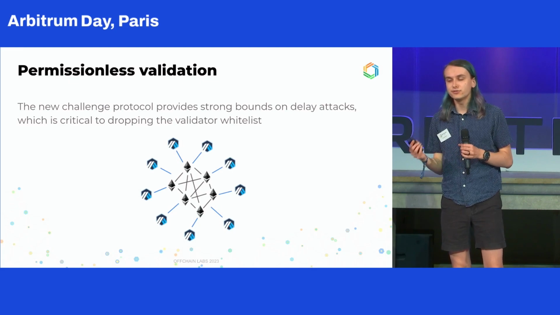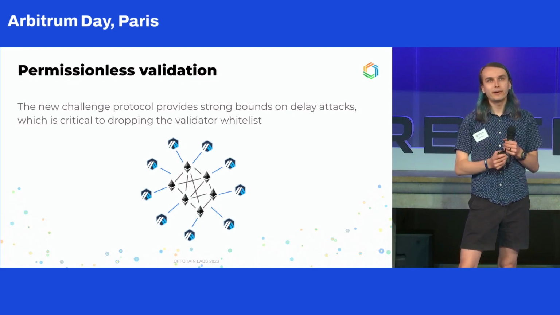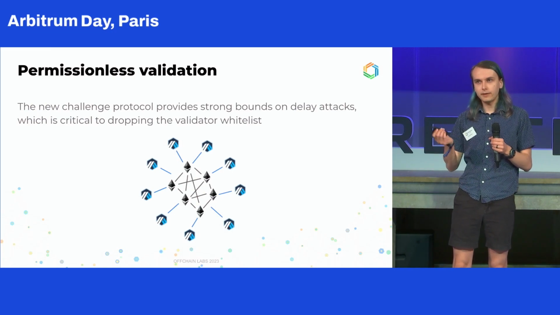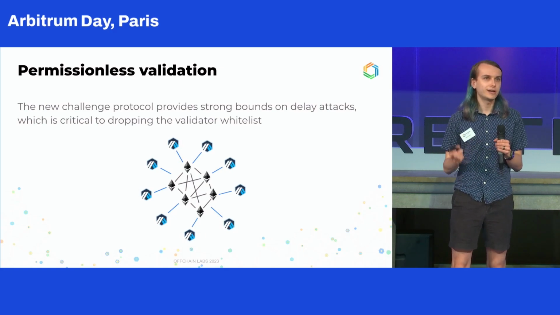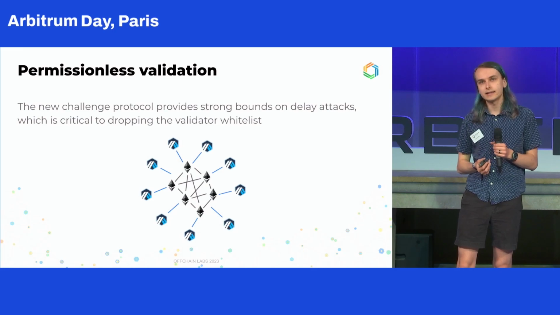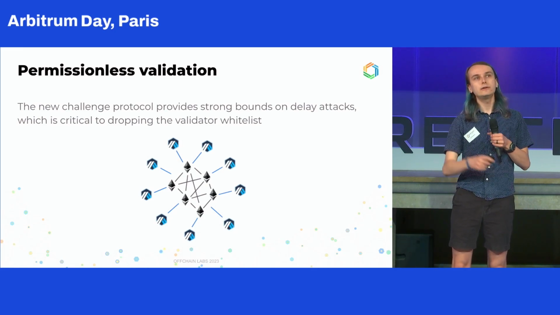And this is also very important for permissionless validation, both because you don't want to be wasting a ton of money whenever a malicious assertion happens on all of the honest validators challenging, but also the new challenge protocol provides strong bounds on delay attacks, which are where you issue a challenge which takes time to delay withdrawals.